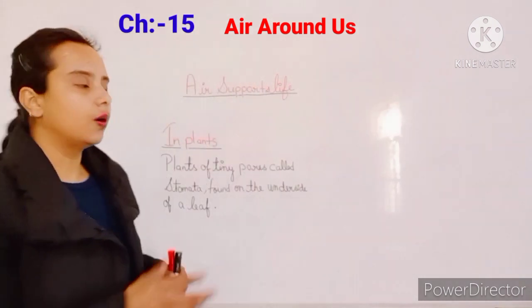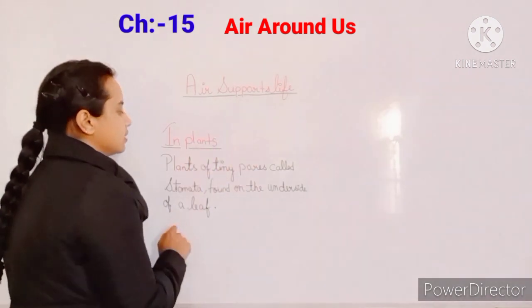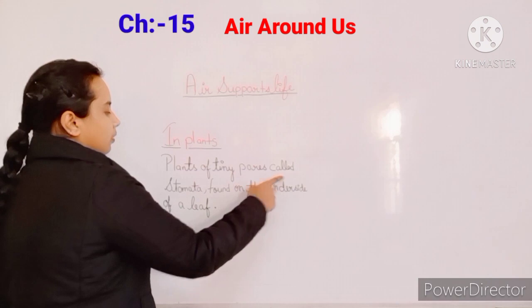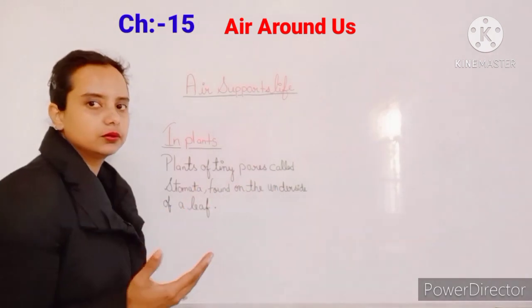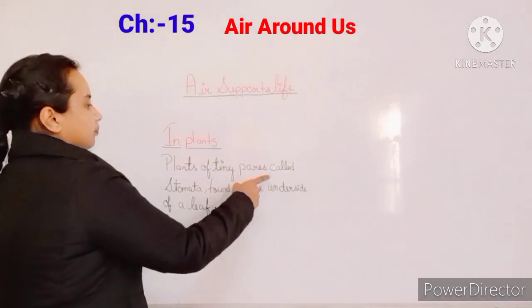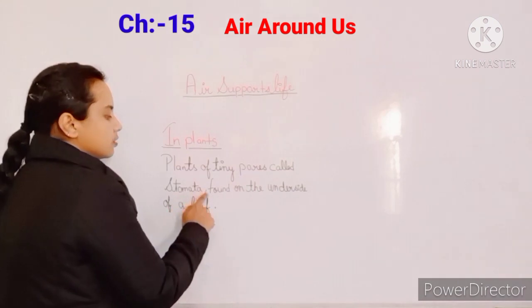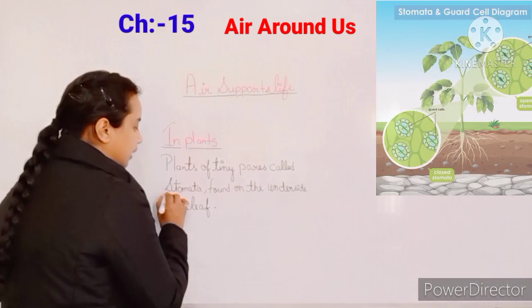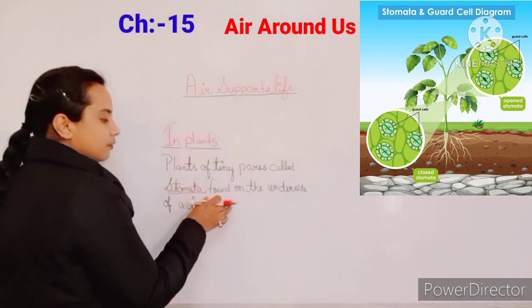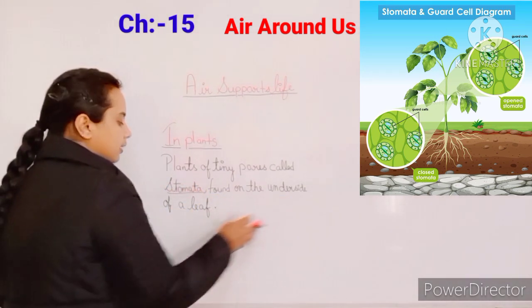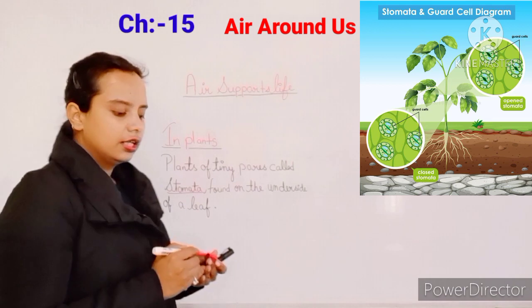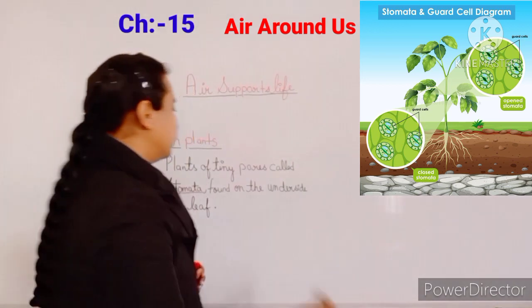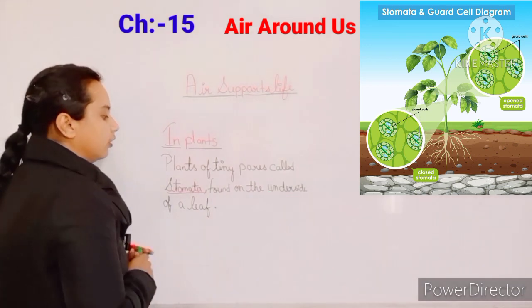Now let's see how air supports plants. Plants have tiny pores called stomata, which are found on the underside of a leaf.